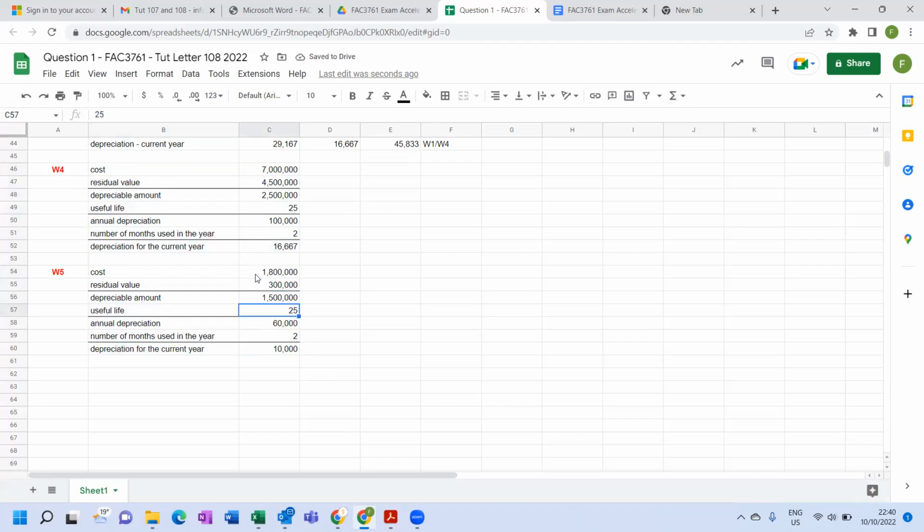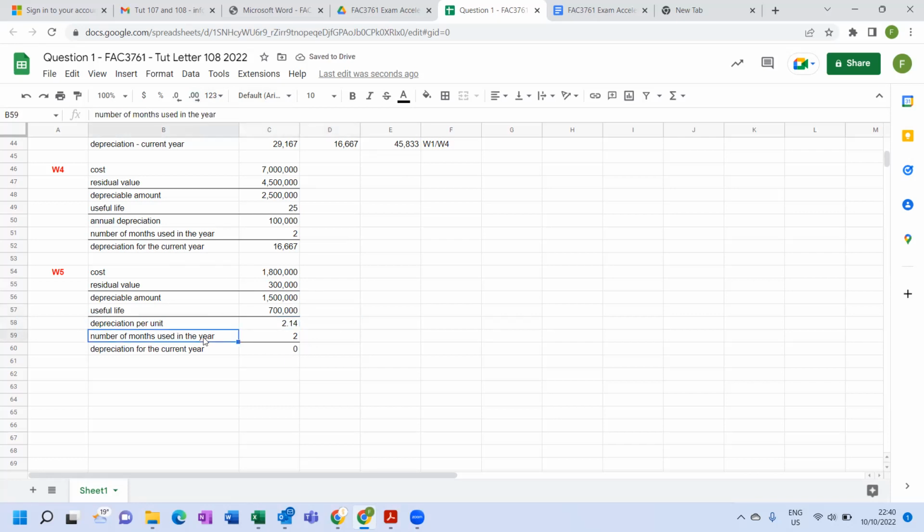The useful life is in units, so this is 700,000 units. So this here is depreciation per unit. Just take note of that.